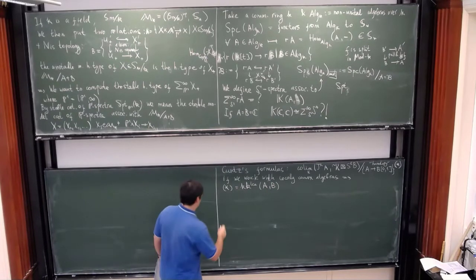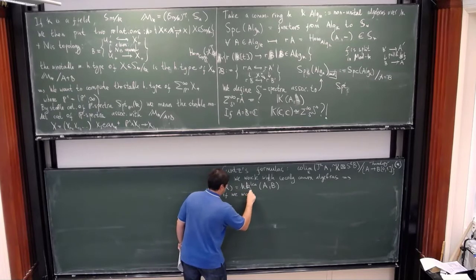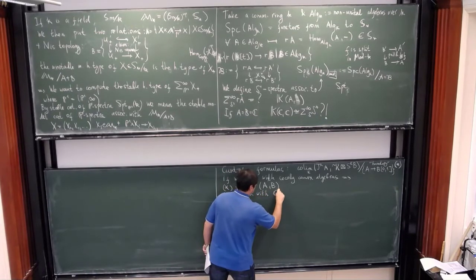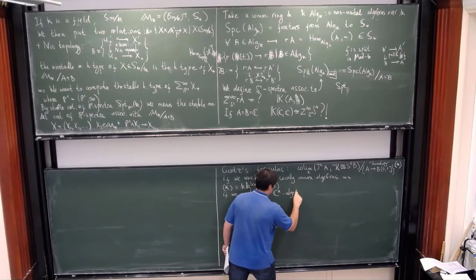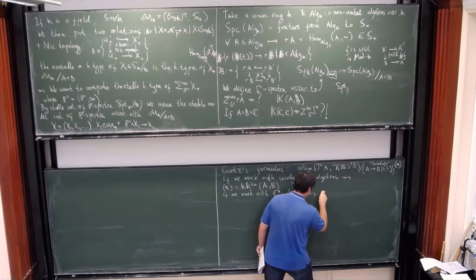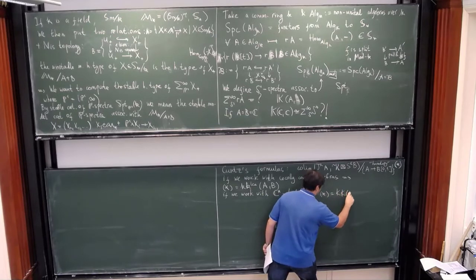Or, for example, if we work with C-star algebras, then star becomes KK capital of AB.